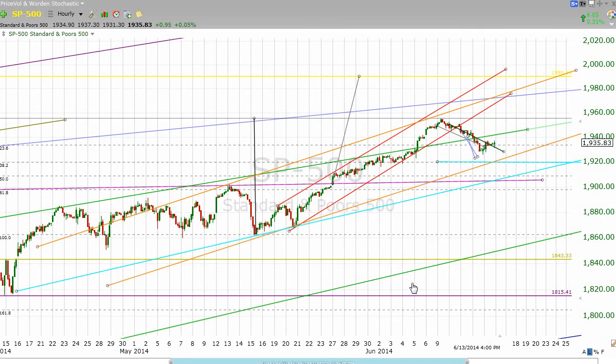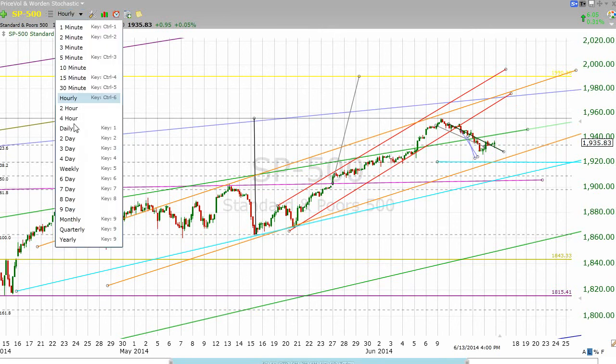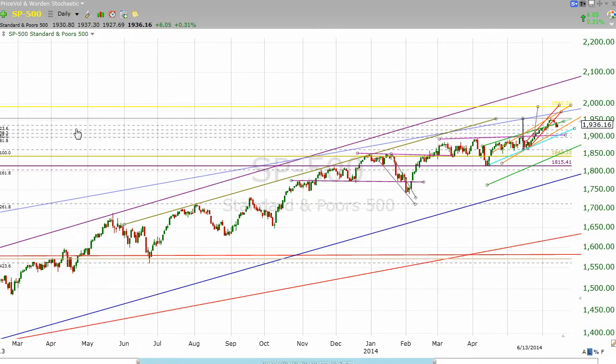And the reason I did that is I looked back on the chart and I started to look at some of the rallies that we've had in the past, and I noticed that this line right here, if we create a parallel line, has a tendency to line up with a lot of the action that we've seen in the past.